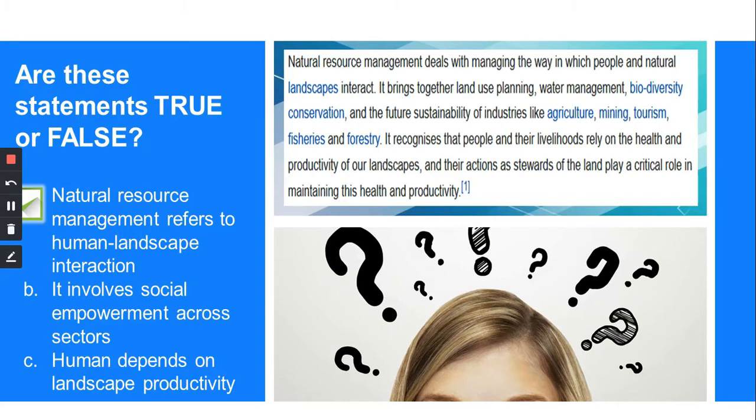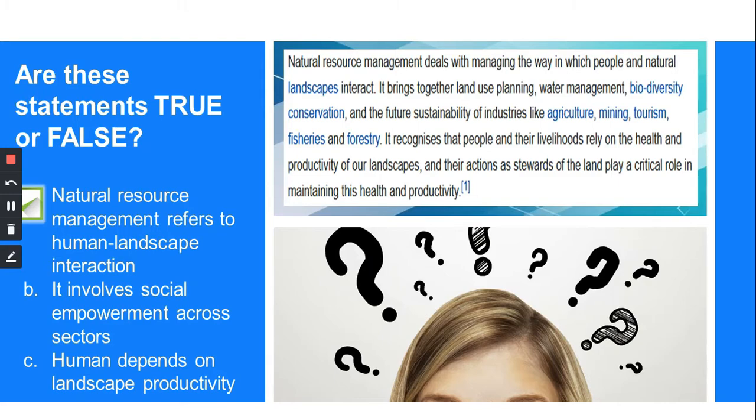And now we move on to the last statement, point C. Human depends on landscape productivity. Well, this statement is actually available in the last 2 sentences or the last 2 lines. Point C itu tertulis di 2 baris terakhir dalam paragraph, atau lebih tepatnya di kalimat terakhir.